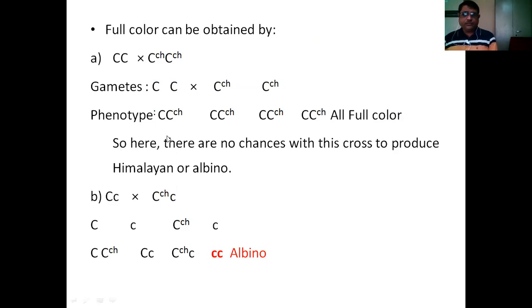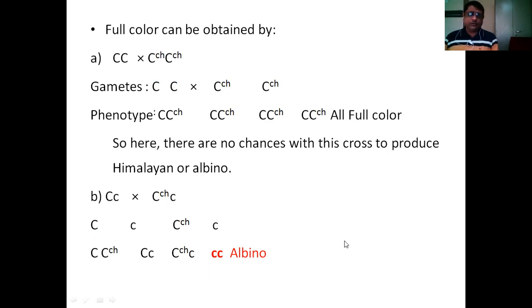But in the second case, it is Cc crossed with CCH c. Here the gametes will be C and c from the first parent, and from the other parent the gametes will be CCH and c. By crossing this we will get the albino type of individual as offspring.